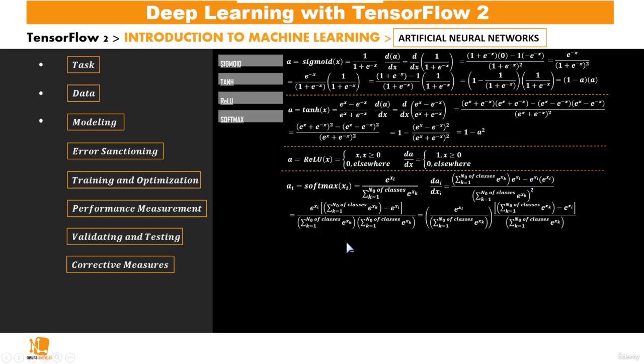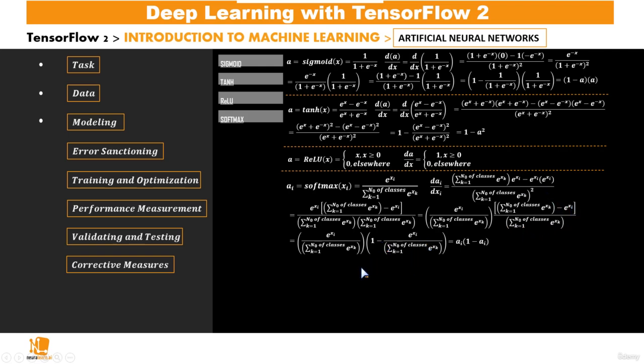Rearranging again, we have e to the xi divided by this part of the denominator, times this other part divided by this other part of the denominator. From here, we have this, and now this divided by this part of the denominator, which is 1, minus e to the xi divided by the sum, which is here.